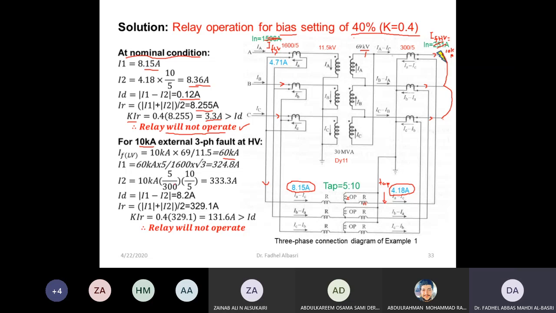That gives me this current. So it is 60 over the CT ratio times √3. I'll get this current. It's not through the tap here, so this current will be 324.8 ampere.